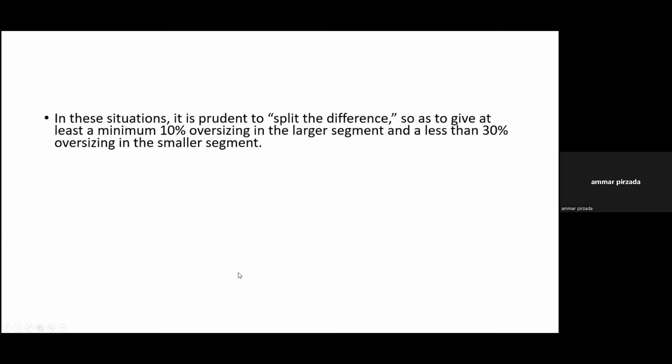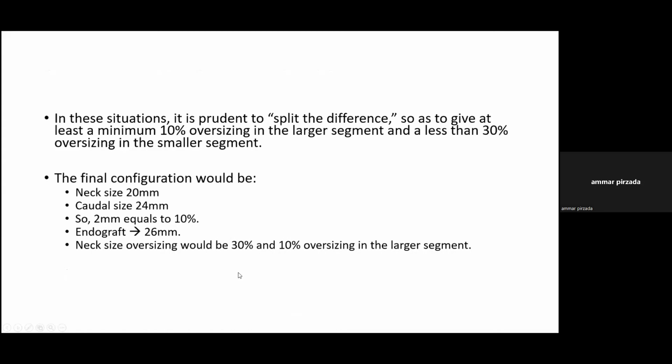So for these situations, it is important to split the difference so as to give at least a minimum 10% oversizing in the larger segment and a less than 30% oversizing in the smaller segment. The configuration would somehow look like this. The neck size was 20 millimeter. The caudal size at about 15 millimeter distance was 24 millimeter. So 10% would be equivalent to 2 millimeters, right?